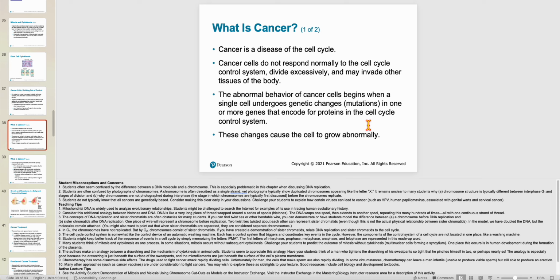And if you remember from a previous chapter, I showed you a picture of a normal red blood cell hemoglobin and the sickle cell shape hemoglobin. And the only difference at that time in that chapter that I pointed out to y'all was one letter difference. Well, that is true here too. You can have one letter difference, but it's a permanent change. So a mutation is a permanent change.